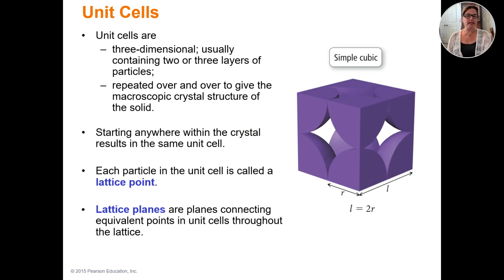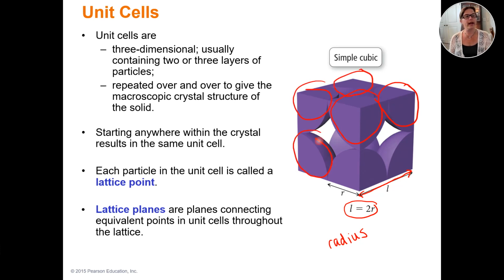So with all these unit cells, there's a couple of things you need to know. The first thing you need to know is that the length of each side is 2r, okay? R being the radius. Remember with simple cubic, if we were talking about a cube, the atoms were only on the corners, nothing in the middle, and nothing on the faces.